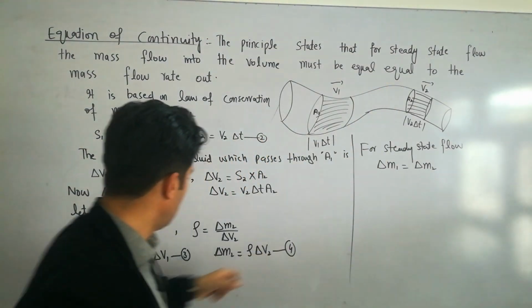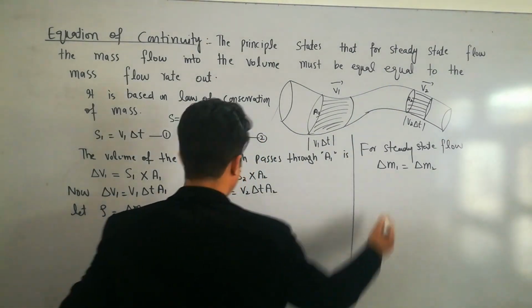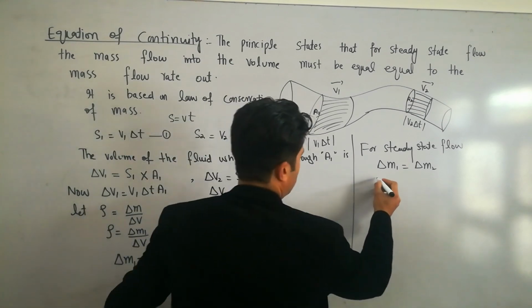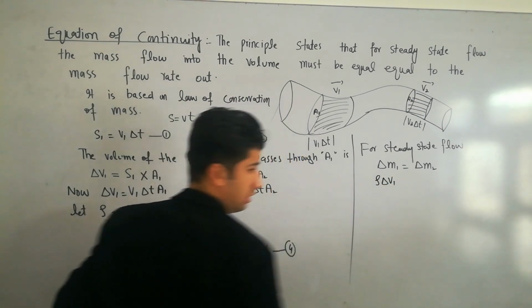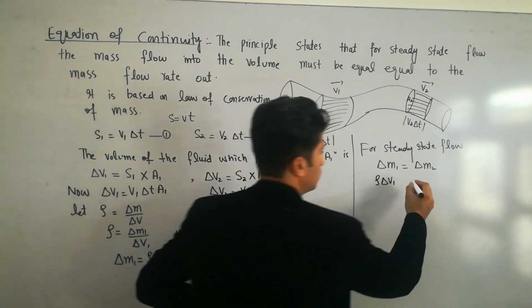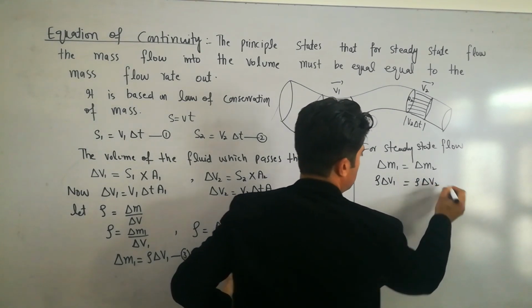Okay. So what will be the value if I put it here? What is delta M1? Delta M1 is equal to rho delta V1. What is delta M2? That is equal to rho delta V2.